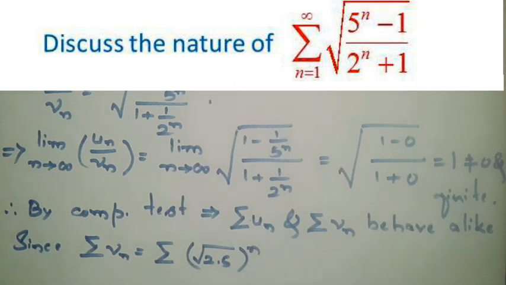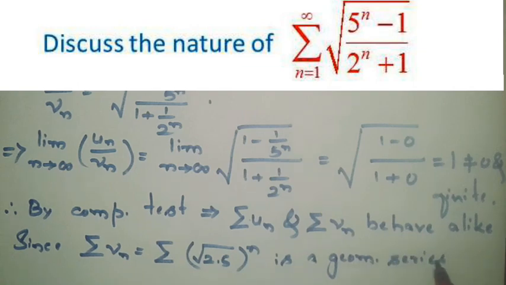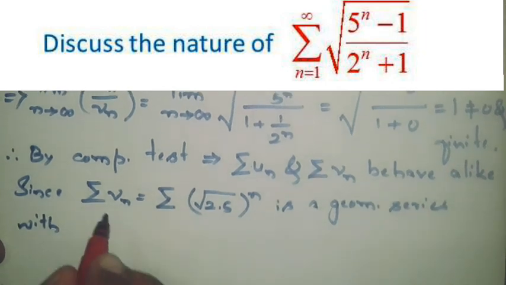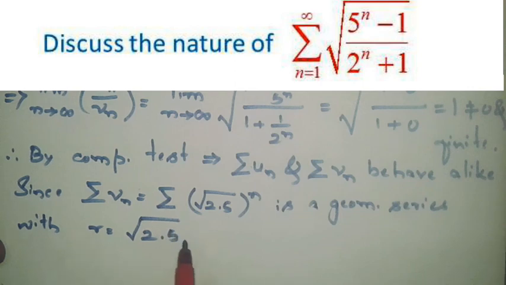It is a geometric series with r equal to square root of 2.5. Square root of 2.5 is always greater than 1.